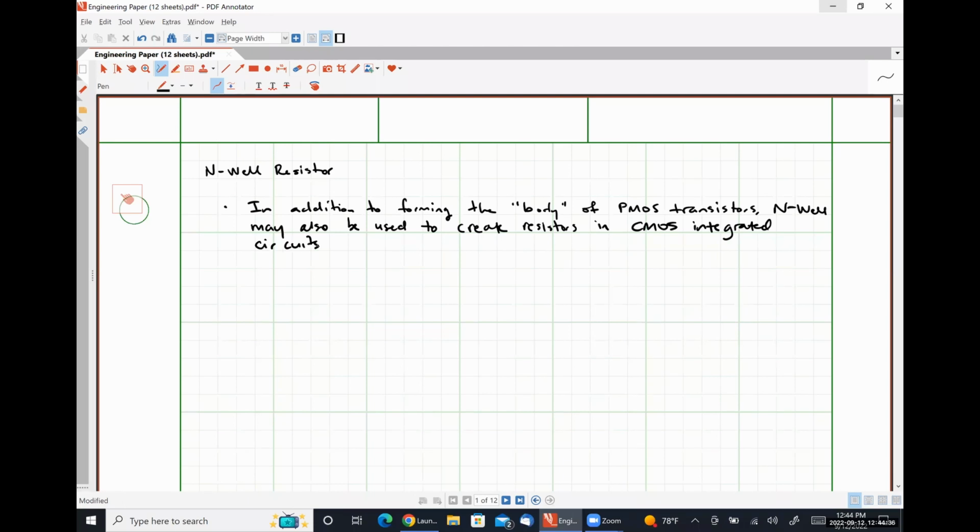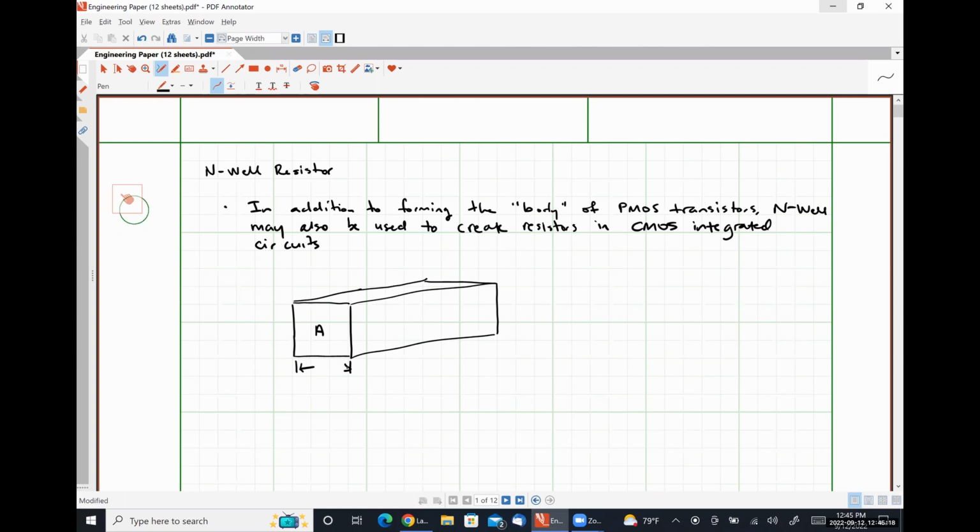So if we have a rectangular chunk of material like so, where this face represents the cross-sectional area A of our material.